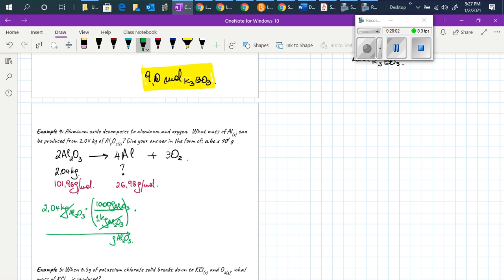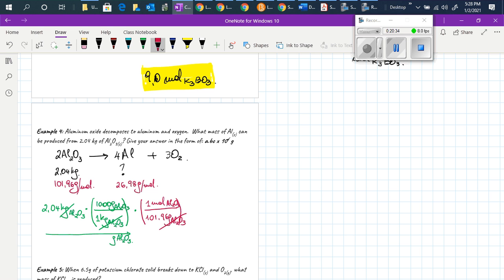Now let's move to the moles of aluminum oxide. In order to do that, we will use the molar mass. This is why I have the molar mass listed here with the given, so that I don't have to do more calculation. 1 mole of aluminum oxide is 101.96 grams of aluminum oxide.